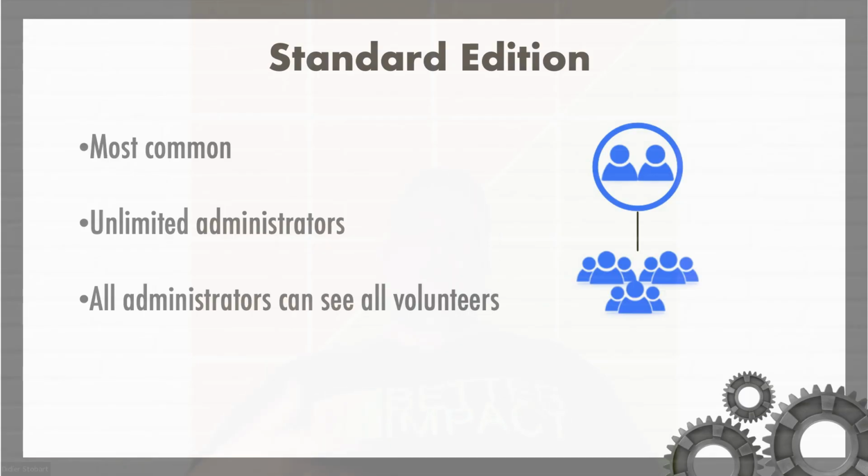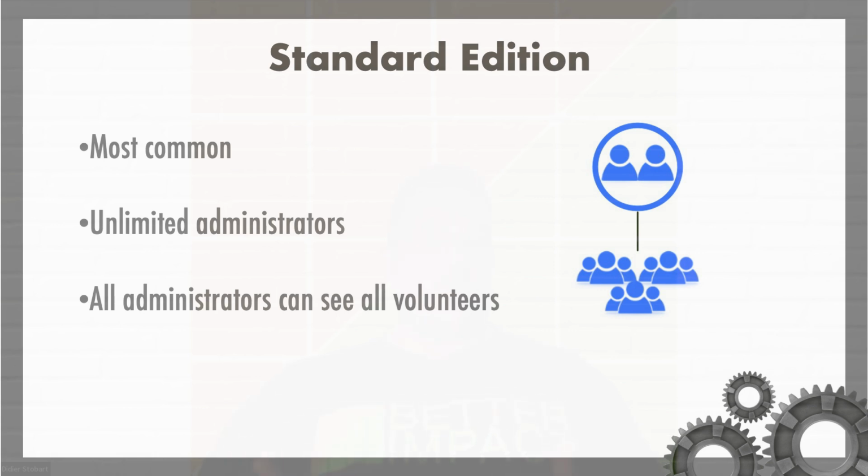Now, just to touch a little on the standard edition. This is probably the most commonly used version we have at the moment. Like all our different versions, it has unlimited administrators, so you can have as many managers, volunteer coordinators, even board members using that system.